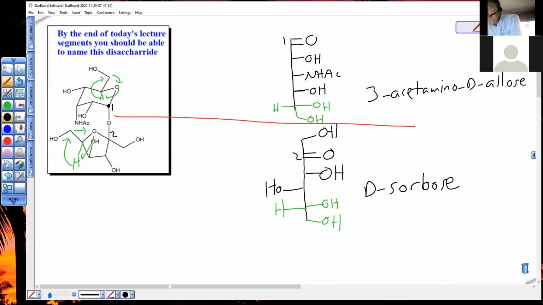How do I know this is the anomeric carbon on this sugar? It's the only carbon bonded twice to oxygen. Once, twice. That's the carbonyl from before. Now it's an anomeric position. And carbon 2 there. Carbon 1 is this one right here.